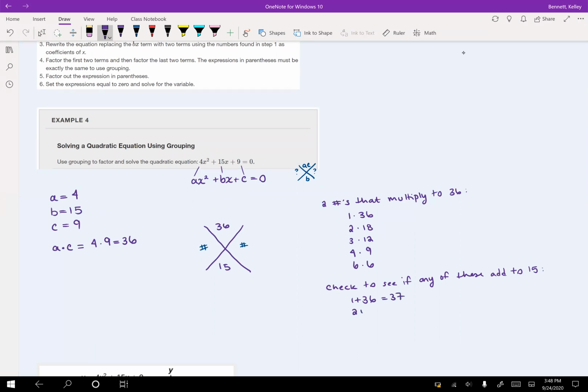I have 2 plus 18, that equals 20, that's not it. And I have 3 plus 12, that equals 15, so this is it right here. That was what I was wanting to have happen. So now that I've found my two numbers, I'm going to write them here, 3 and 12.